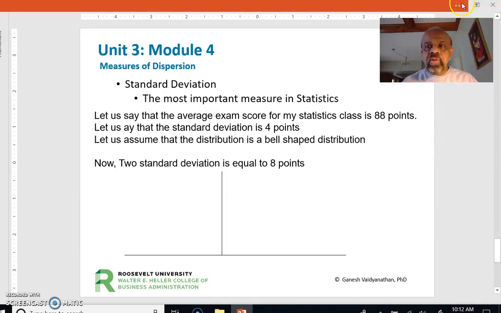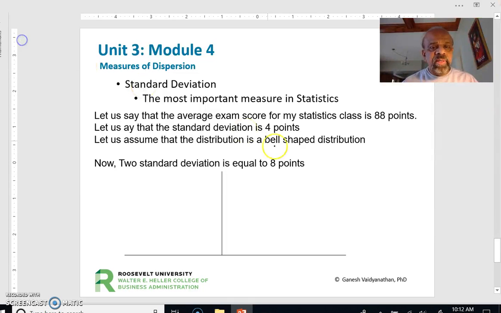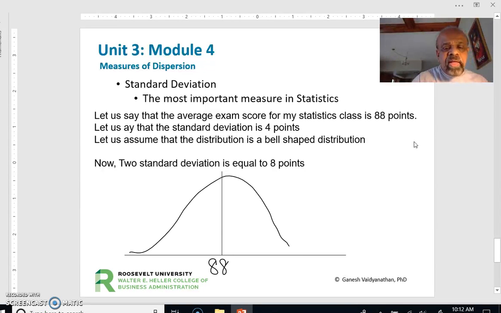What is my 2 sigmas? If there are 2 standard deviations, again I'm going to look at my average, my mean is 88, and I'm going to have a bell-shaped curve. If I have 2 sigmas, the empirical rule is going to tell me that 95% of the data will fall within the 2 standard deviations.